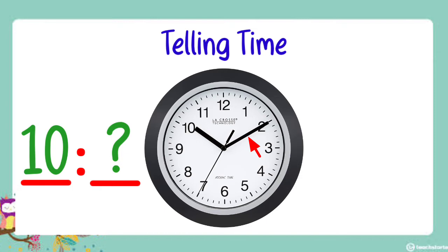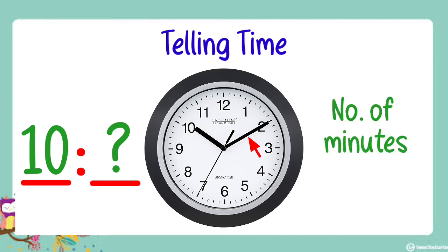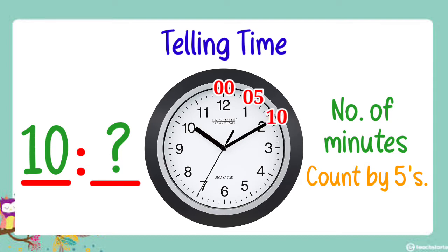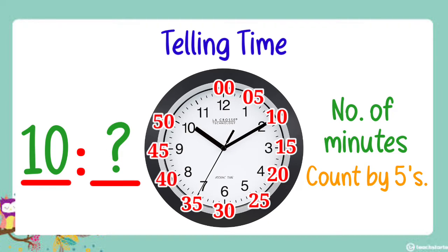So, how do we determine the number of minutes on the clock? We have to count by fives. Our starting point is 12, so this is 0. And let us start counting by fives from 1 to 11. 5, 10, 15, 20, 25, 30, 35, 40, 45, 50, and 55.